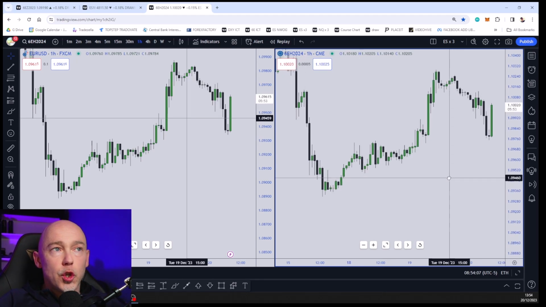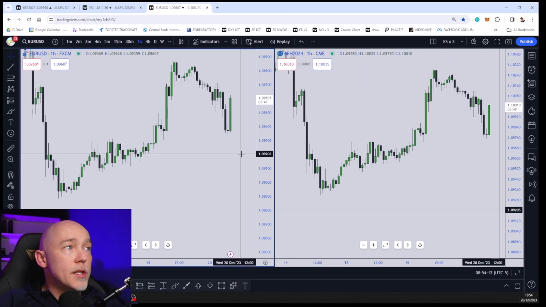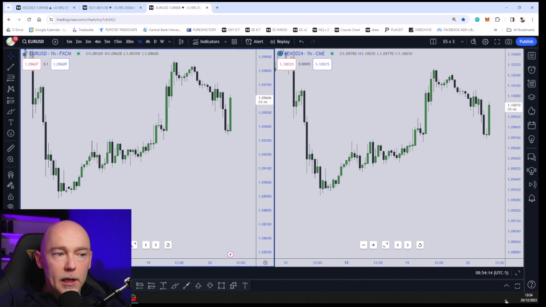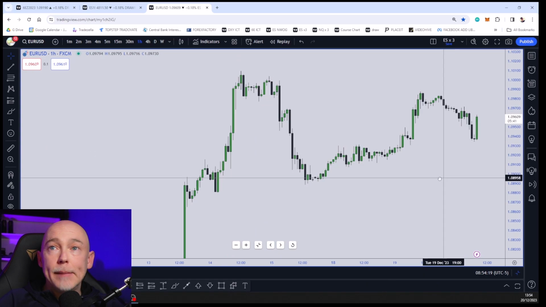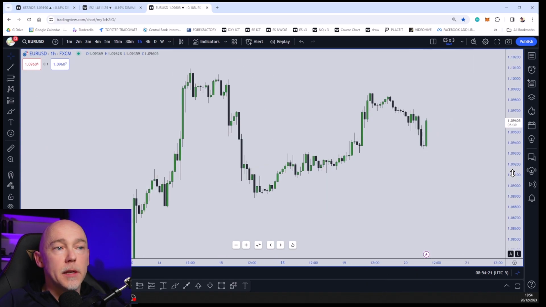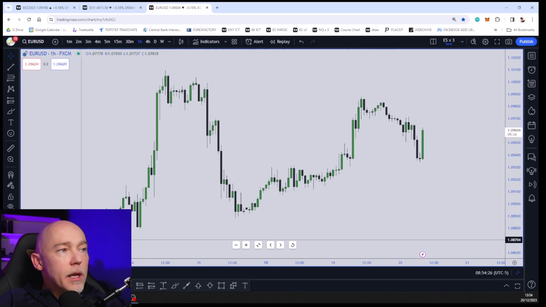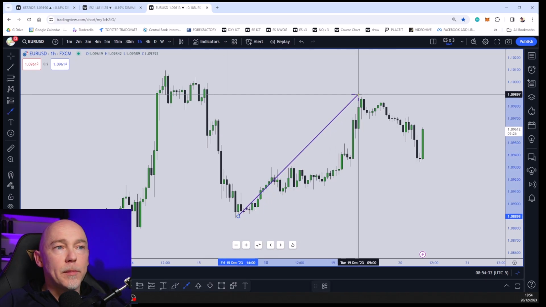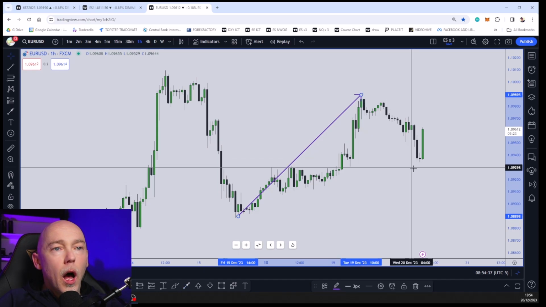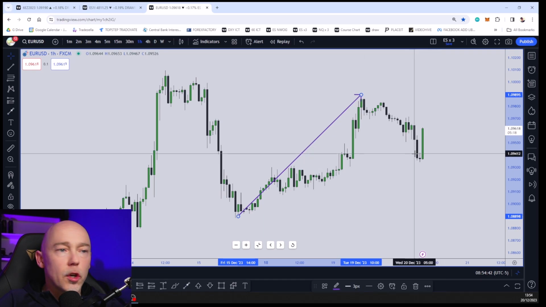Now, let me just show you a trade I'm in at the moment. So if I just increase the size of this Eurodollar chart on my left, let's look at it a little bit more closely. We're going to keep the chart nice and clean today. This is a 1 hour chart. We had a nice move from this swing low down here all the way up to this point here, and I had a belief that price would come down here and turn in this area.